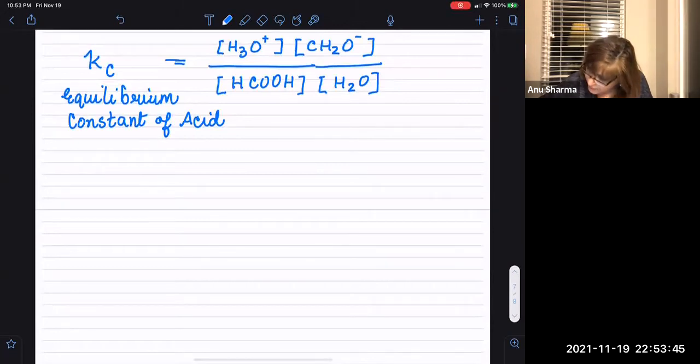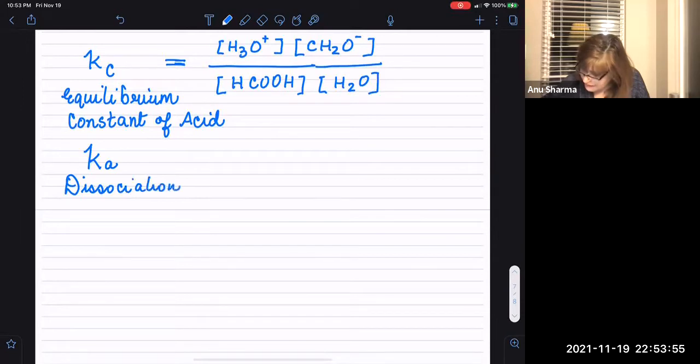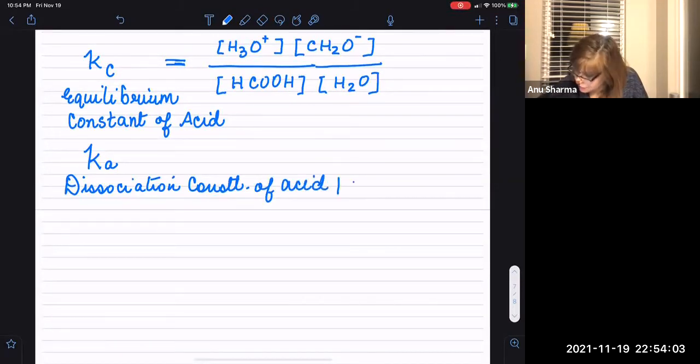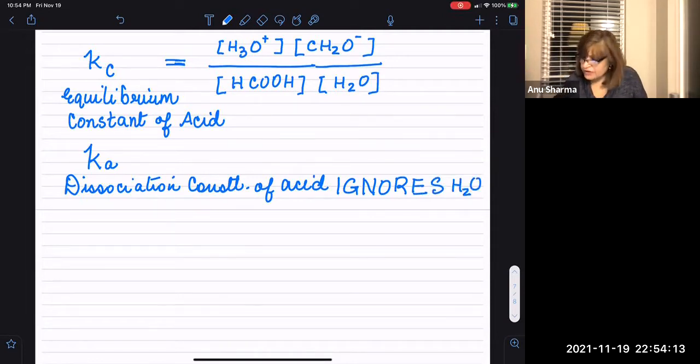But now, Ka is the dissociation constant of acid. So what is the difference between the two? The dissociation constant of acid ignores water, because water is in large excess.